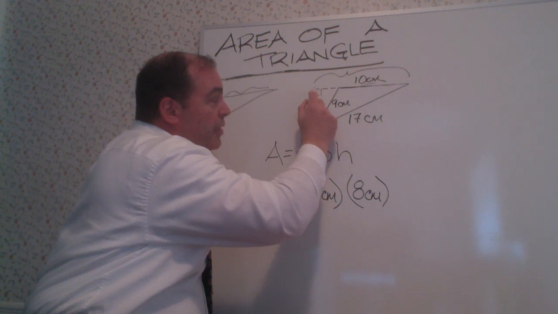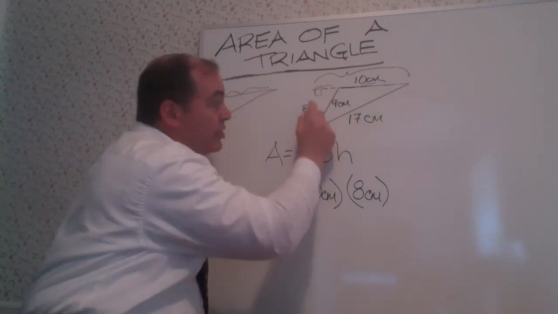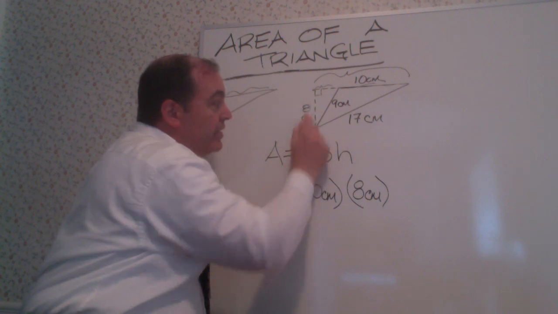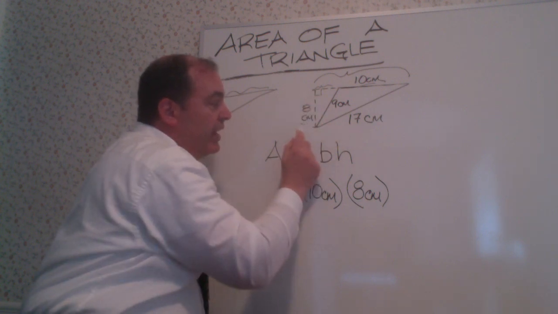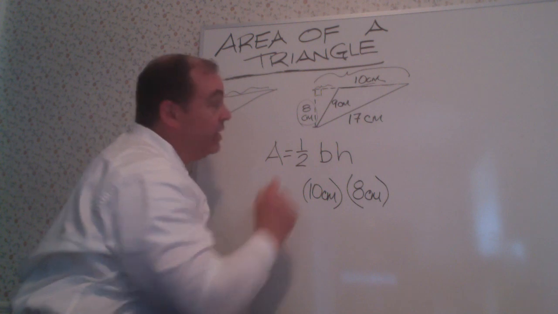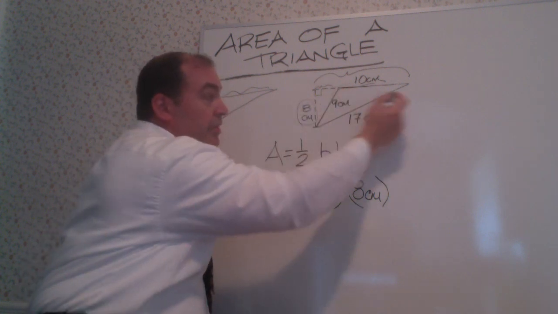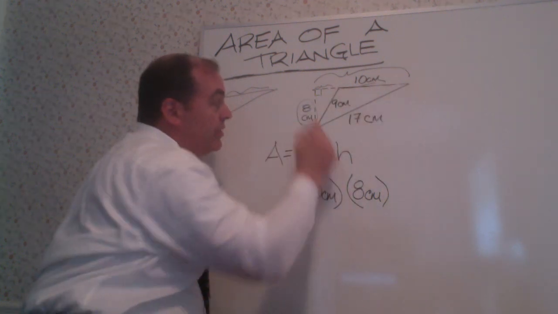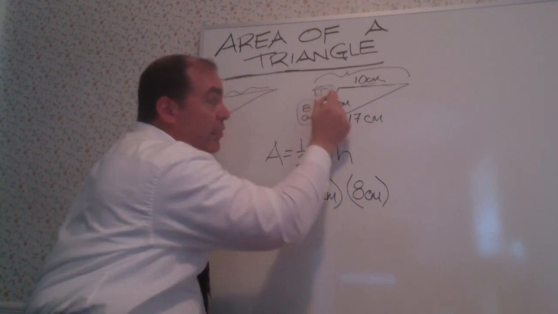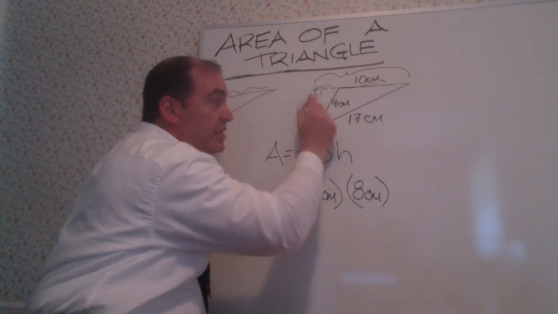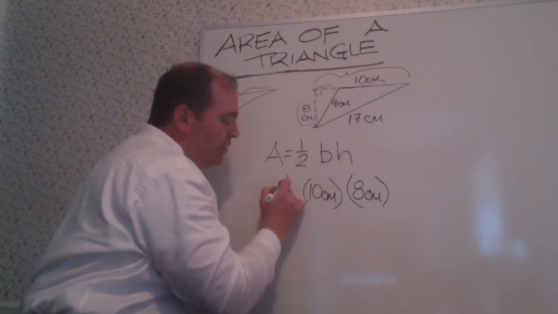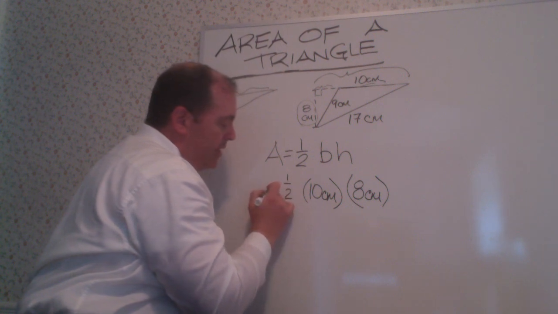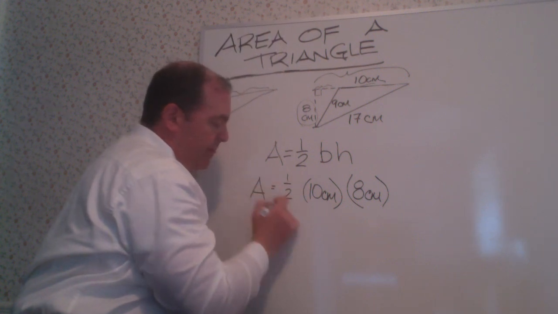You don't have to worry about this imaginary extension of the triangle. This is only to show that right angle and to give you the reading of the height here of 8 centimeters, okay? So the base is only from here to here, which is 10 centimeters, 8 centimeters for the height, and we know that this is good because it's a right angle. And then we multiply all that by 1/2.